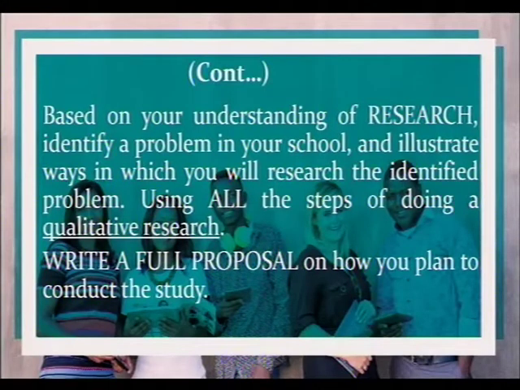Once you have identified the problem in your school, I want you to illustrate ways in which you will research the identified problem. If there is absenteeism in the school, what ways will you follow to do research on that challenge or problem in your school?